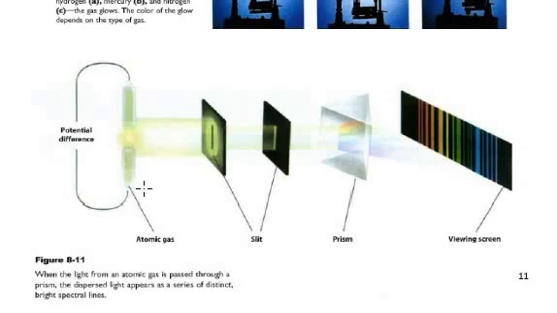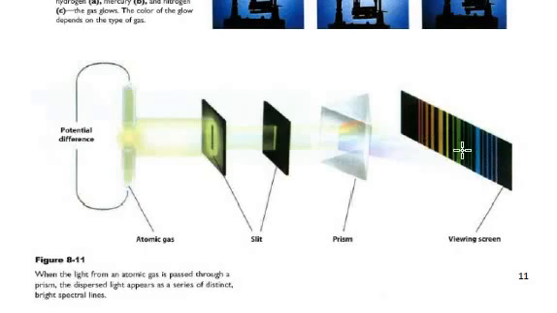When we give energy to an atomic gas inside a tube, radiation will start to be emitted from that gas as light, and when that light passes through slits and then through the prism, it will be separated into its colors. If we look at those colors, we can see there are some black lines between them.